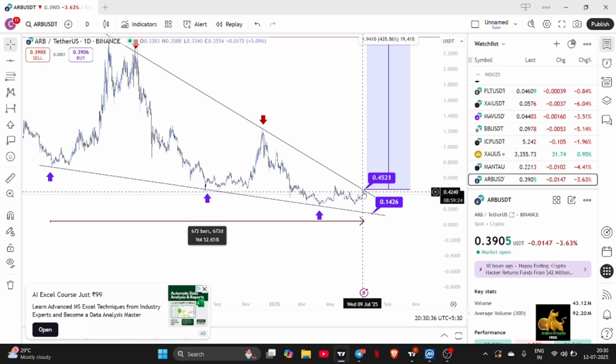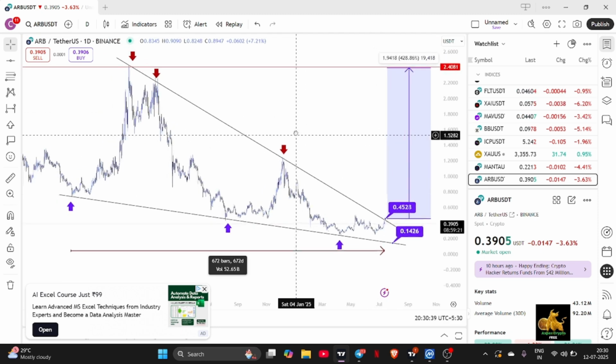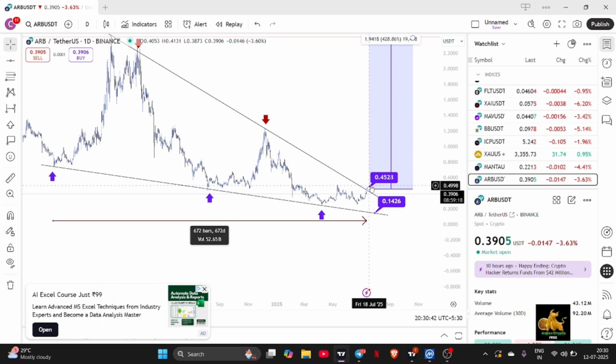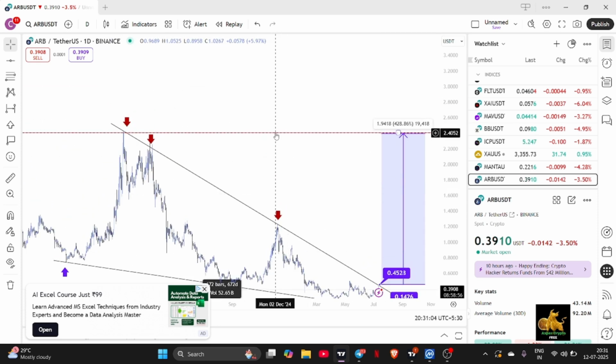Here you can see the ARB fourth falling wedge resistance level is around the $0.4523 range. If ARB breaks out of this falling wedge, we are going to see ARB pump directly to this range, our $1.1981 range, and this will be our first TP. Here it will be our second TP, that is around the ARB all time high 2.40 level.